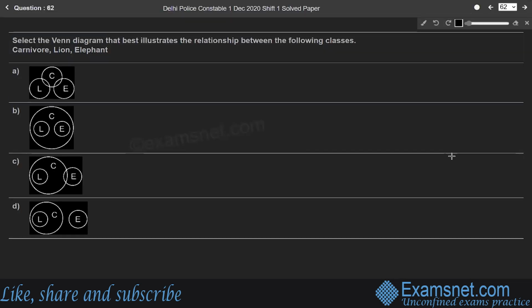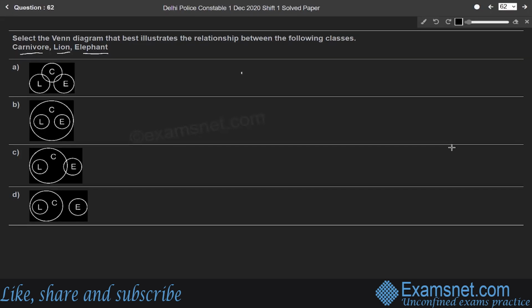Question 62. Select the Venn diagram that best illustrates the relationship between the following classes: carnivore, lion, elephant. So here, set of lions. This set completely belongs to the set of carnivorous animals because lions are carnivorous animals. They are meat eaters.